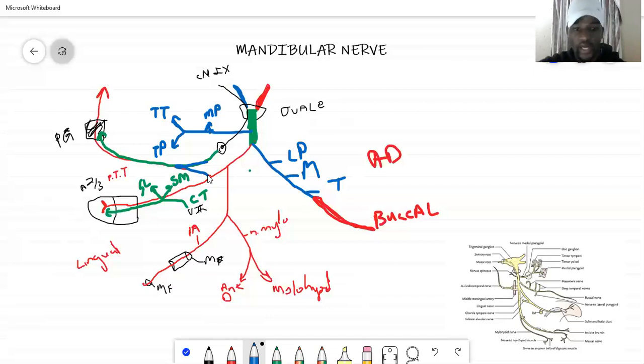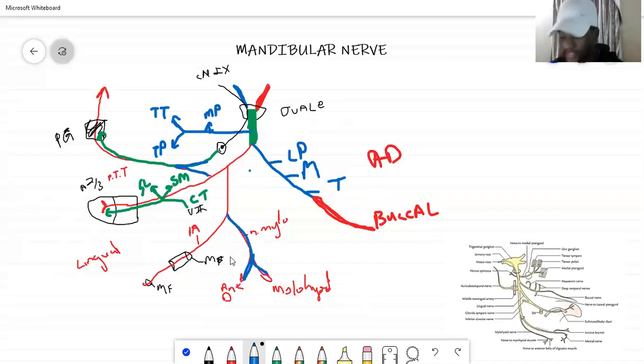And one other thing, although this is all sensory, this nerve to mylohyoid is motor. So those are the exceptions. When we are going to the anterior division, it is mainly motor, but the buccal nerve is sensory. When we're going to the posterior division, it is mainly sensory, but the nerve to the mylohyoid is motor. It's as simple as that, guys.